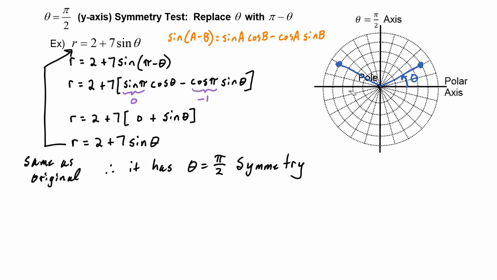And you can see the reference angle would be theta. So from here to here would be theta, but the angle itself, starting from here going to here, that angle is pi minus theta. So that's why the test is replace theta with pi minus theta.